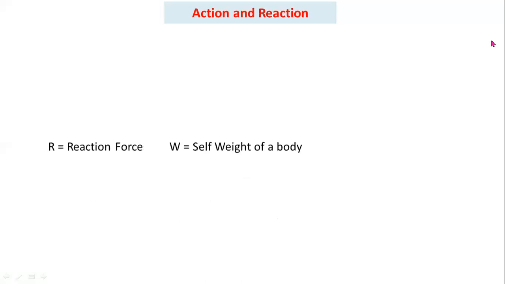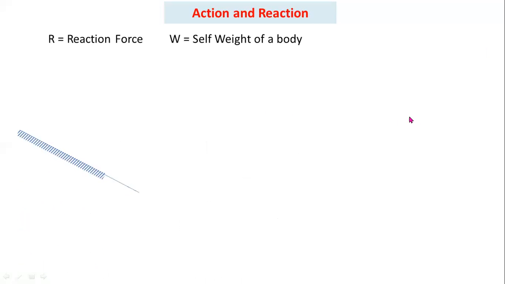Now coming to another type, it is very important for our mechanics subject. This is an inclined plane. This inclined plane makes an angle theta with respect to the horizontal axis. Here you can observe this is an inclined rigid plane.